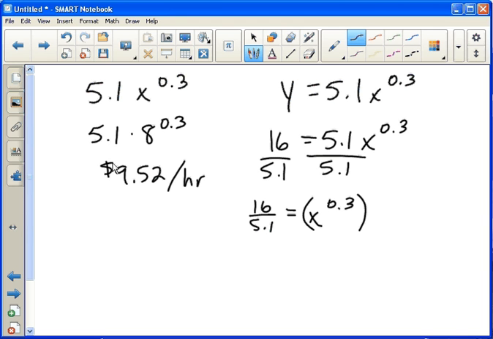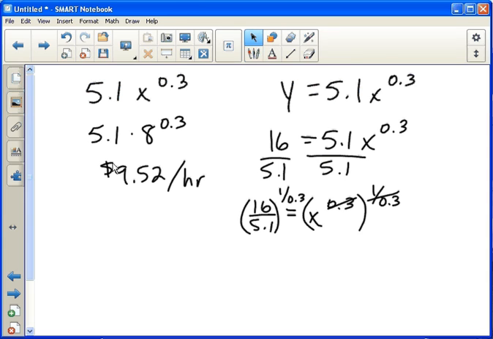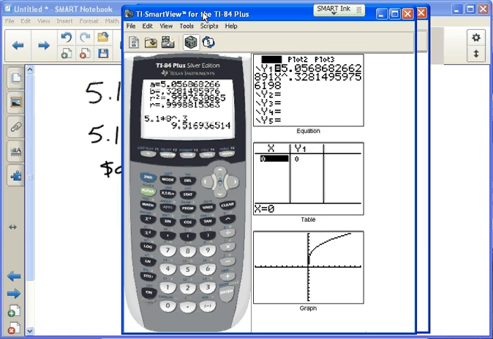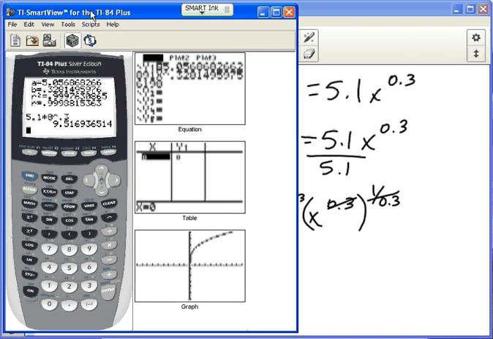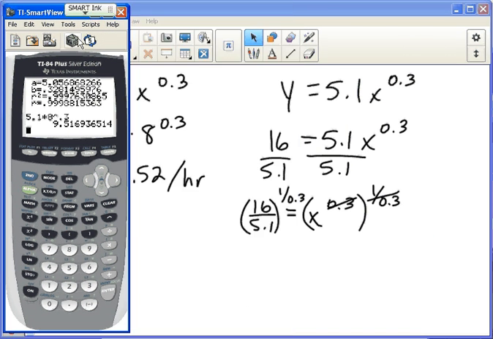So that will cancel this out, and if I just plug this into my calculator, I should have my answer. So let's see. There it is. So parentheses 16 over 5.1 parentheses raised to the 1 over 0.3. And we get 45.2 years.